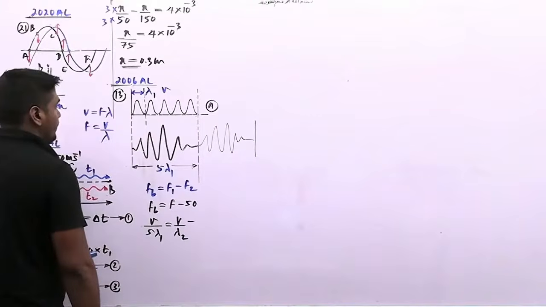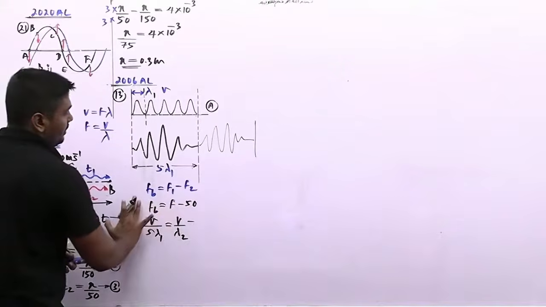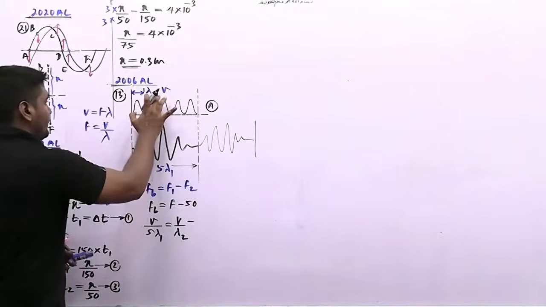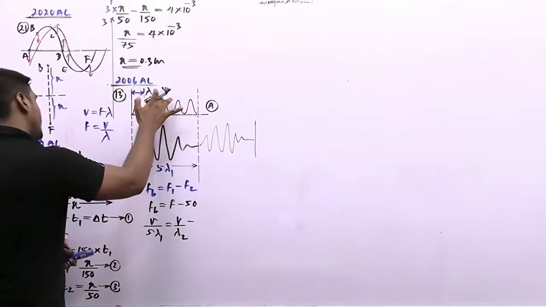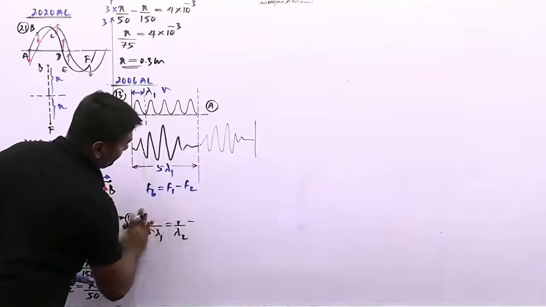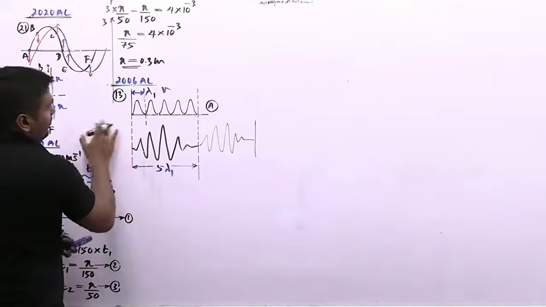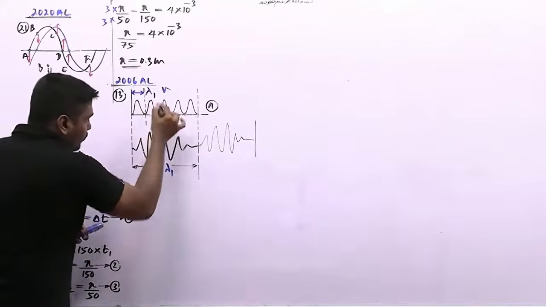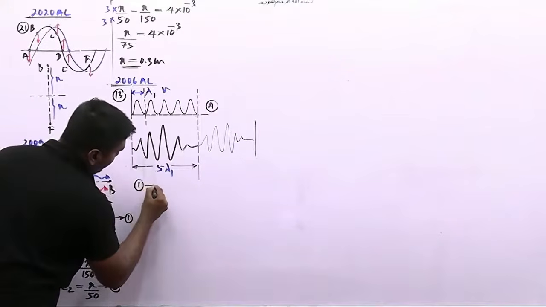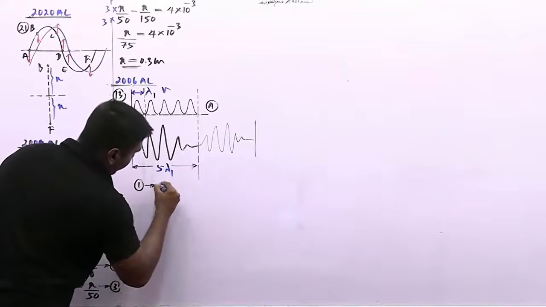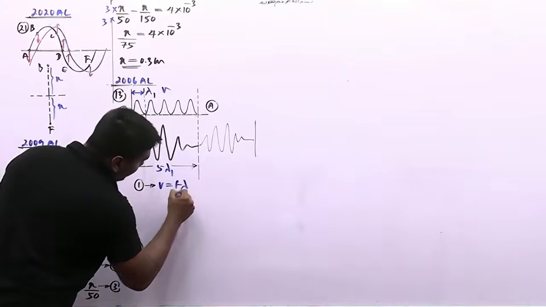Okay, we can do it this way. Look here, it is simple, we can do it easily. Since we know the sound 1 frequency, consider sound 1: apply V equals F lambda for sound 1.